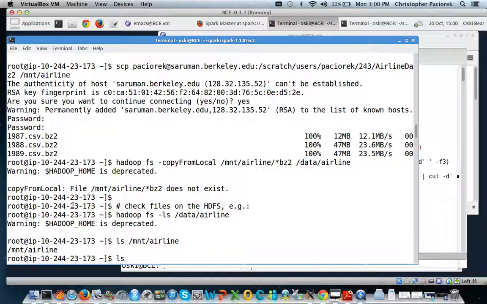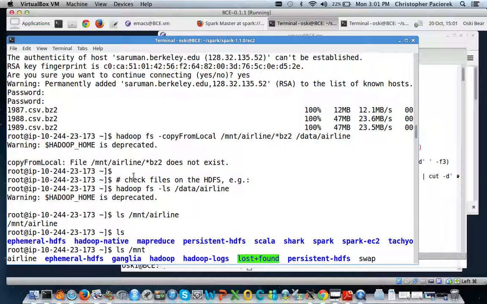Then finally, I'm going to copy them from the master Linux machine into this HDFS directory. Then they're going to be sitting on the HDFS directory, available to us to do processing on. So when we pick up next time, we'll actually start working with those files and doing these distributed processing calculations using Spark.